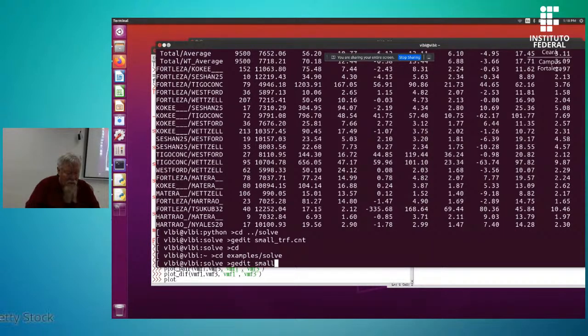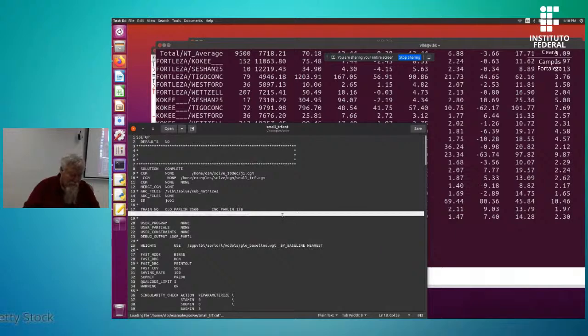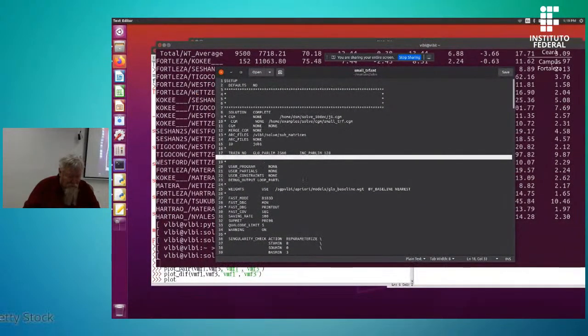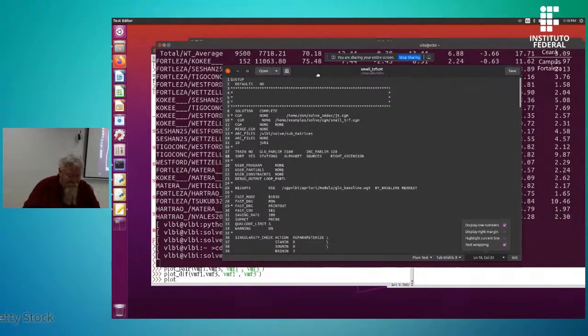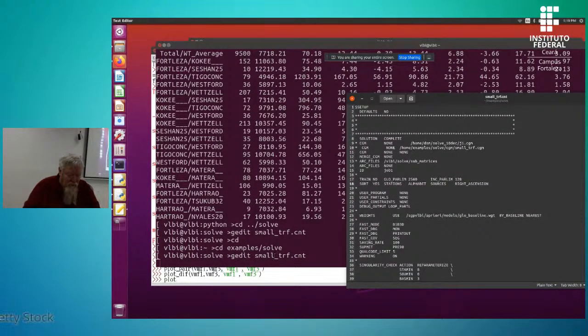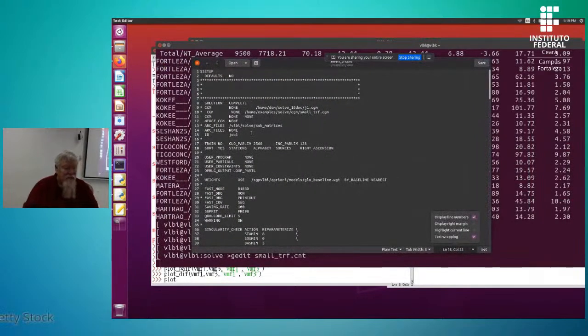Then type gedit small_trf.cnt. If you now look at the top of it, there are some lines that say something something CGM, or there'll be a star CGM something.